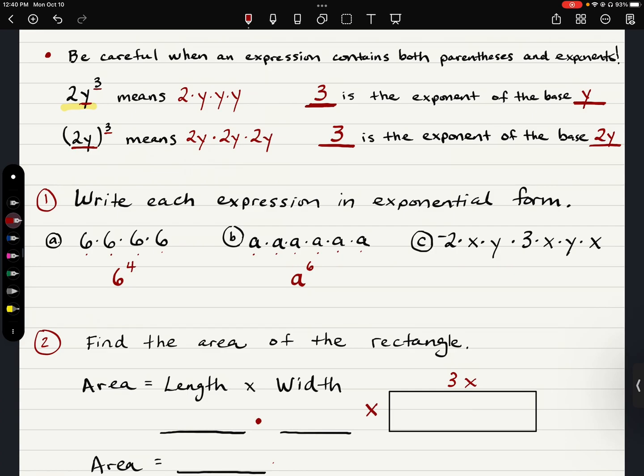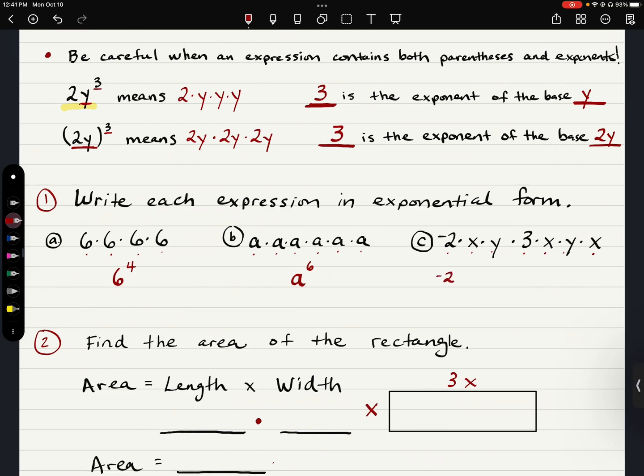The third example for this one here, letter C, says negative 2 times x times y times 3 times x times y times x. Okay, now we can use our commutative property of multiplication and rearrange the order. Remember, that just means that if I change the order of the factors, I'll still get the same product.